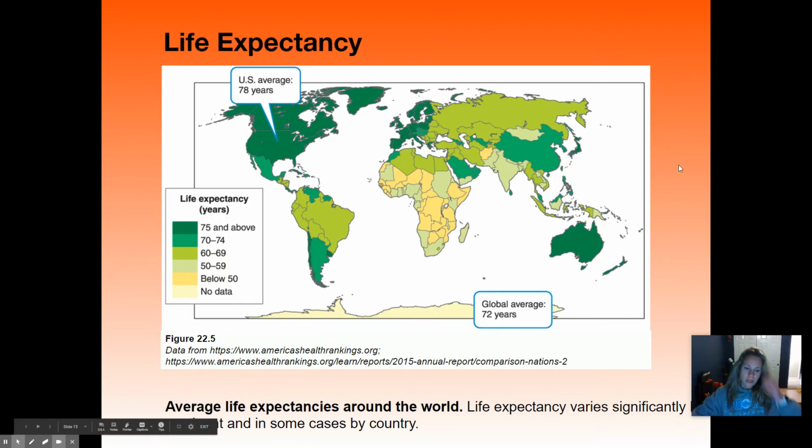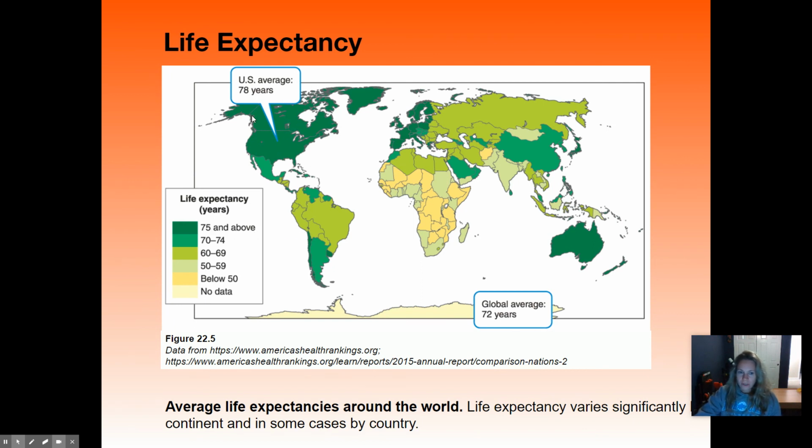Right. So if we look at the life expectancy here, U.S. average is 78 years. The global average is 72. So it's a little bit higher in the U.S. Our standards of living, our hygiene, healthcare is pretty good. And so we have a life expectancy that's higher. And then you can also see anywhere that's dark green does as well.